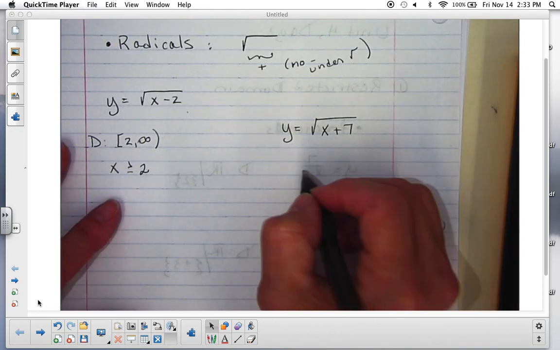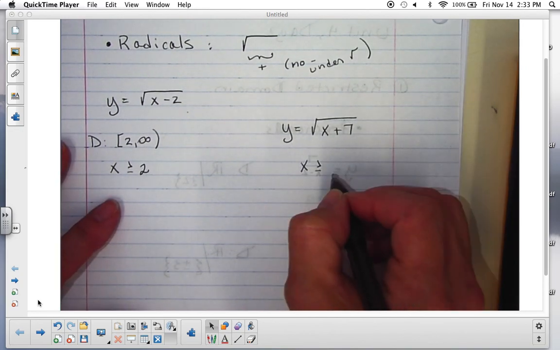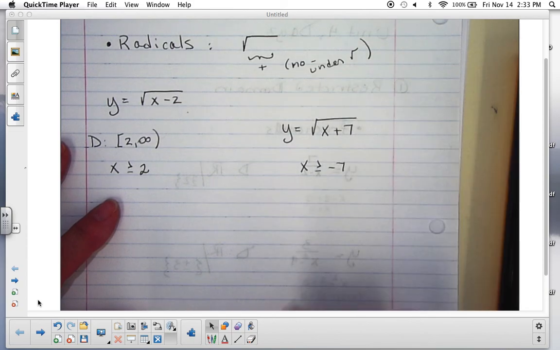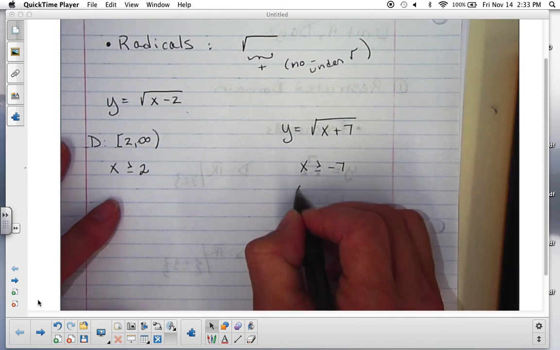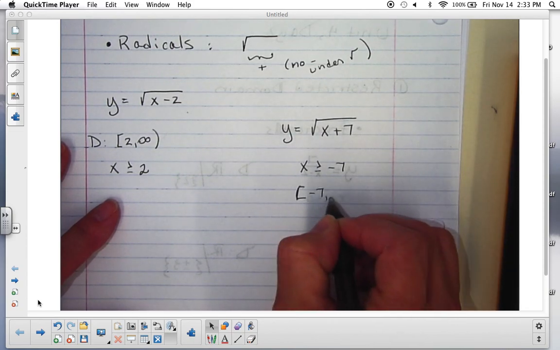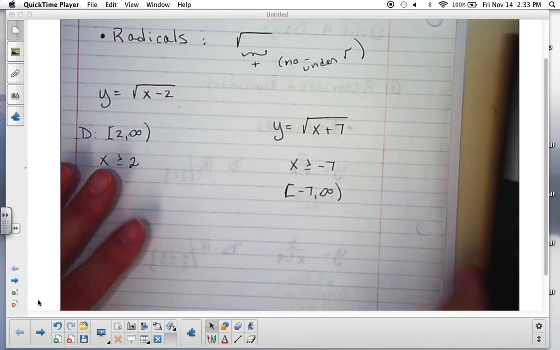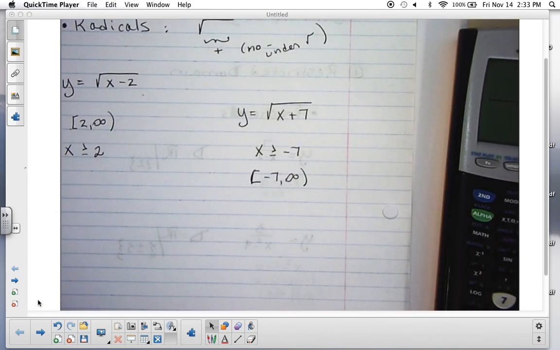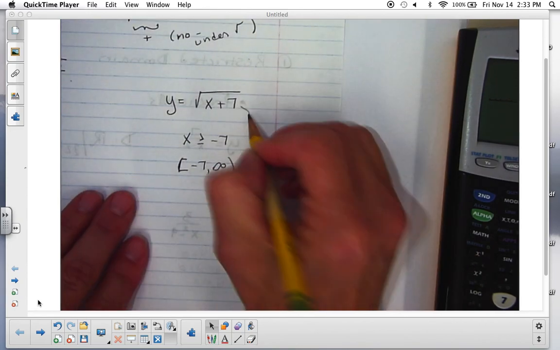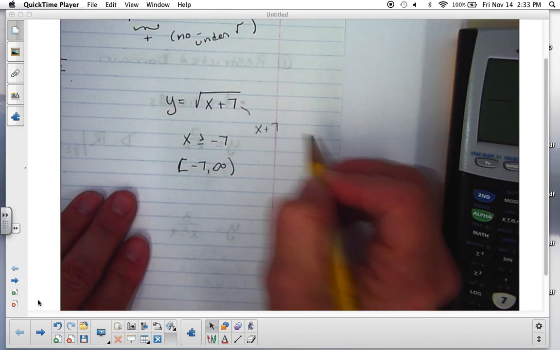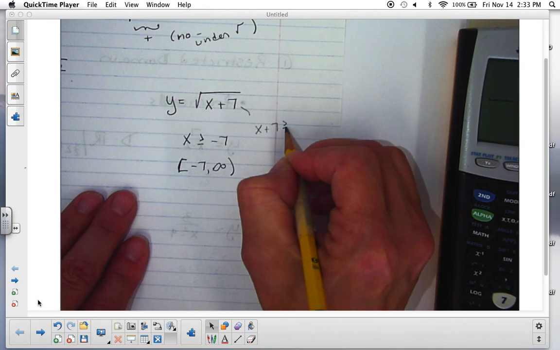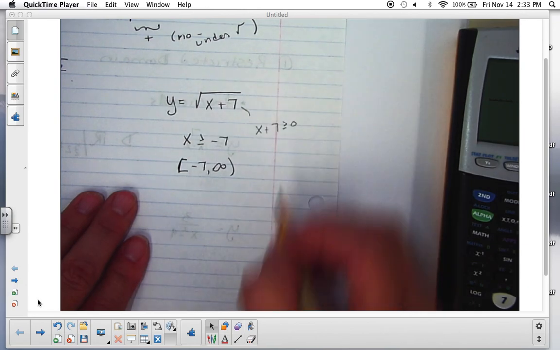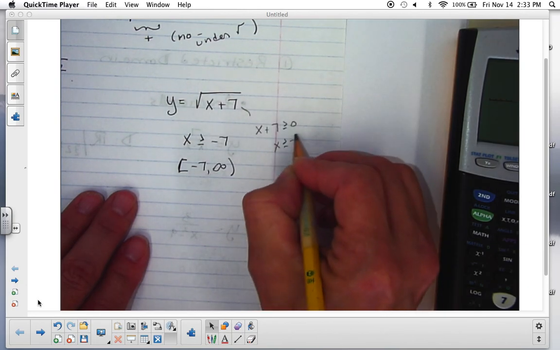The domain is going to be x is greater than or equal to -7. Or basically, again, bracket, -7 to infinity. And I know that only because I take what's underneath here and set it to greater than or equal to 0 because it cannot be a negative, and then just move it over. That is my domain.